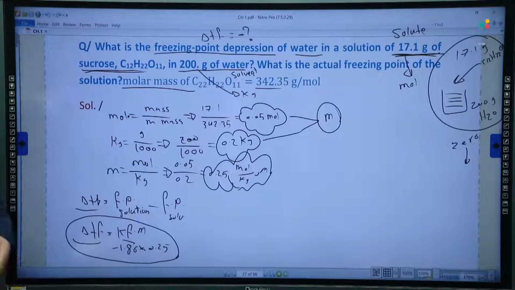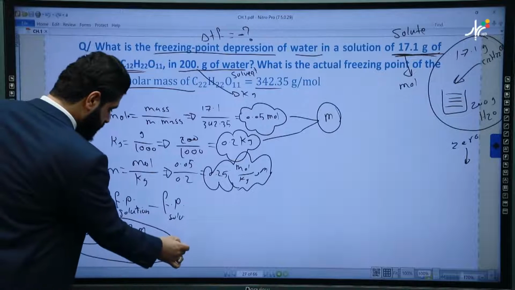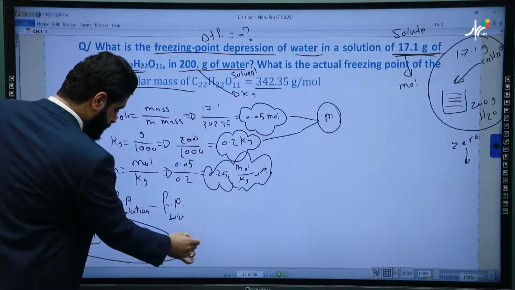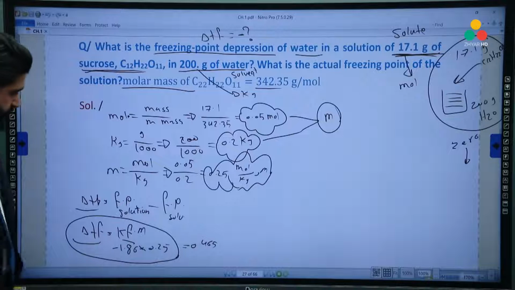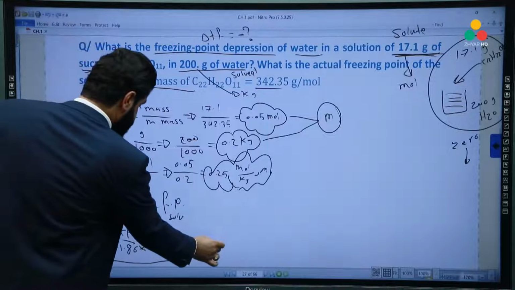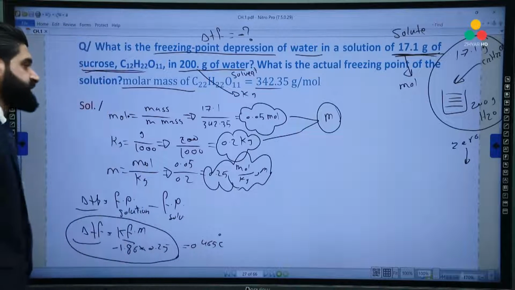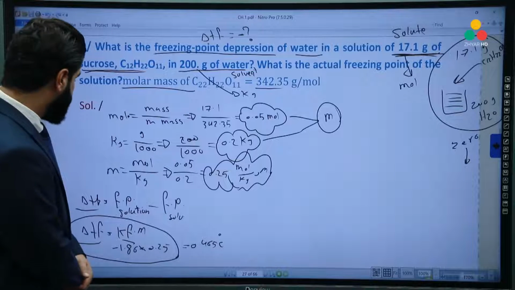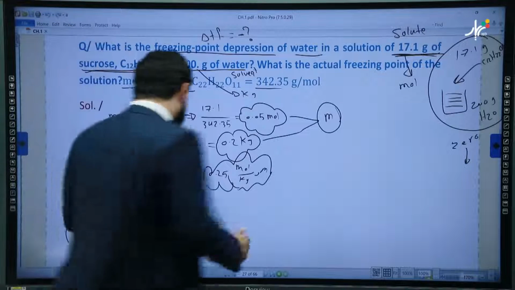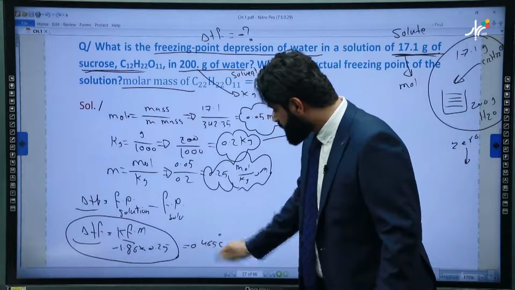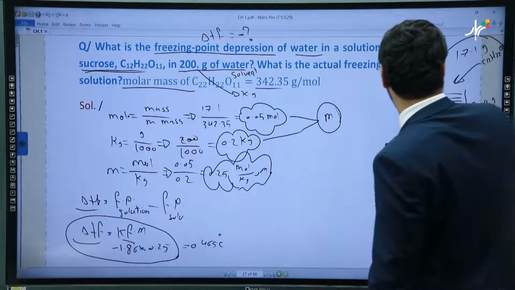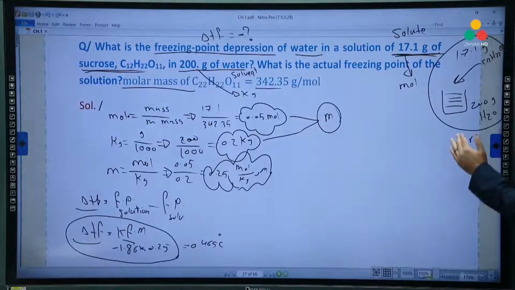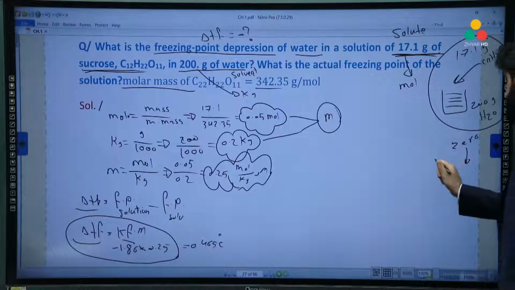It's very easy. So we can calculate delta TF equals negative 0.465 Celsius degrees. This is the value of delta TF. What does this number mean? It means that from 0, the freezing point will decrease by this number.